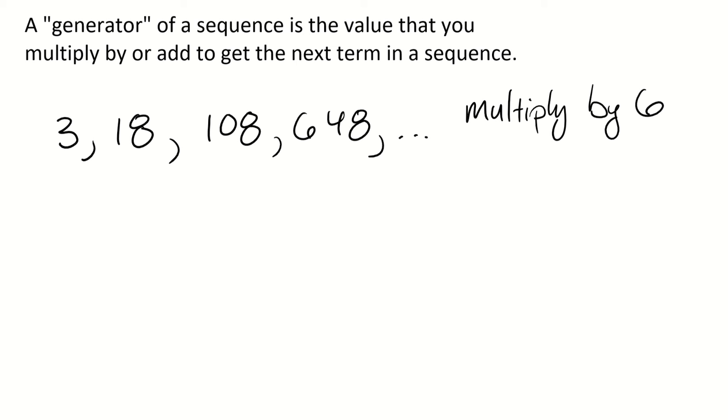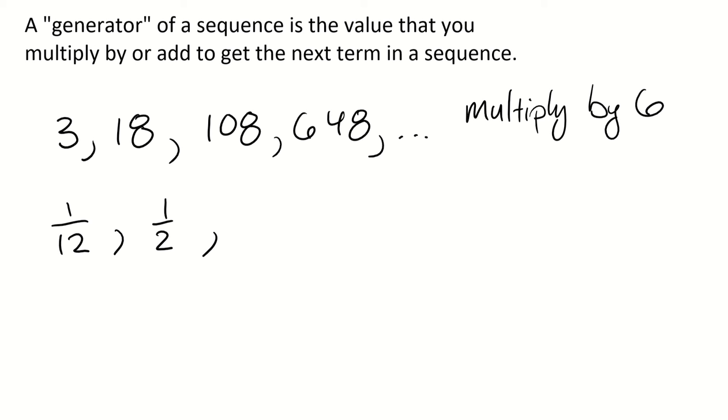Let's say the number was 1/12. I have the same generator, but this time instead of starting with 3, I'm going to start with 1/12. If I take the fraction 1/12 and multiply that by 6, I'm going to get the number 1/2.